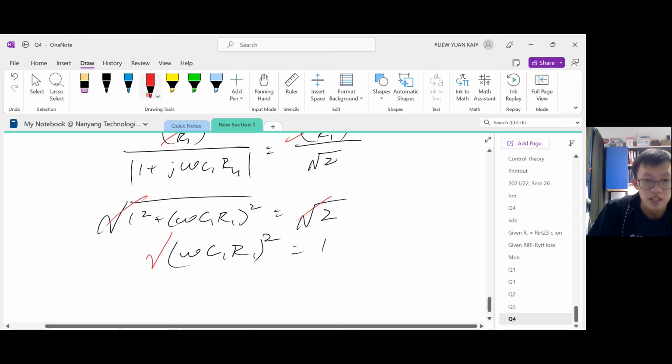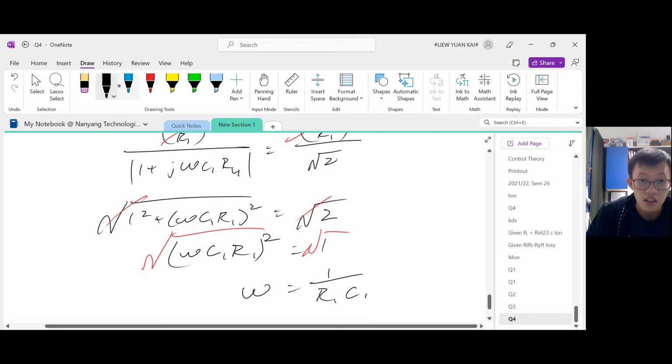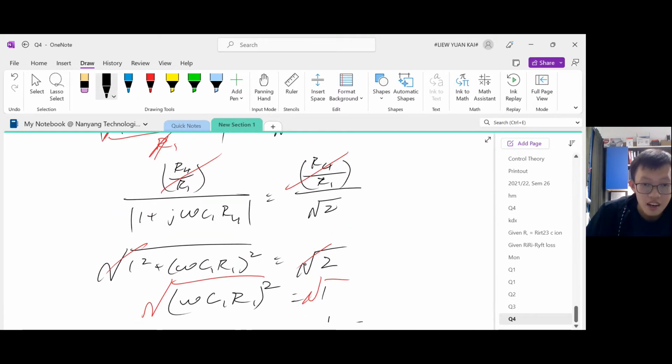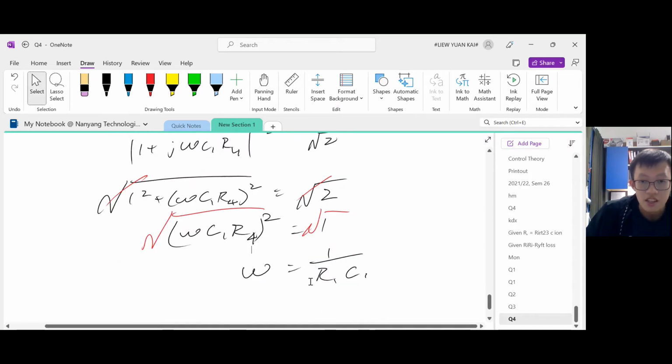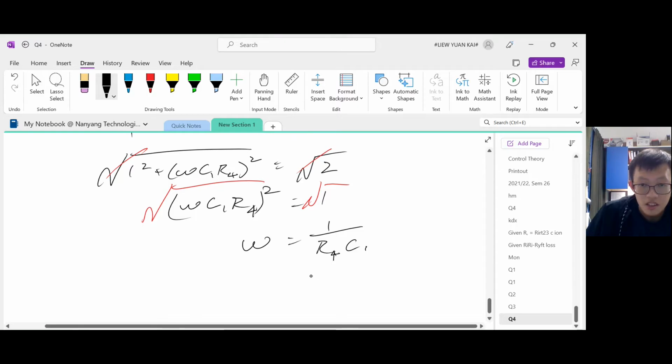Okay, then you can square root both sides, and then rearrange to make omega alone. You shall get... Wait. Sorry. This is R4. R4. And then this is R4. Sorry. Okay, so this is your cutoff frequency.